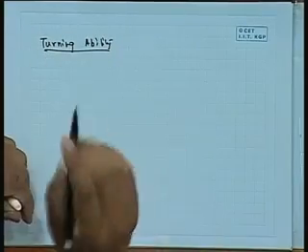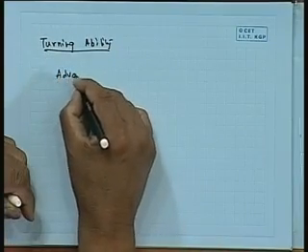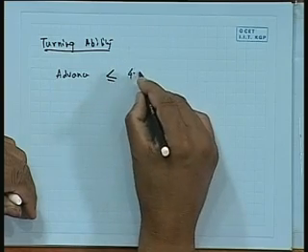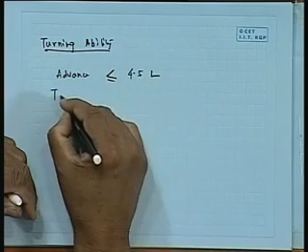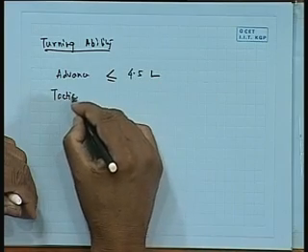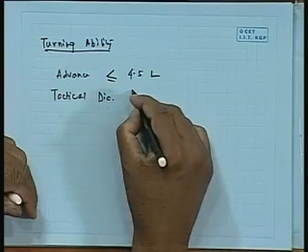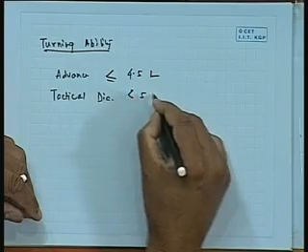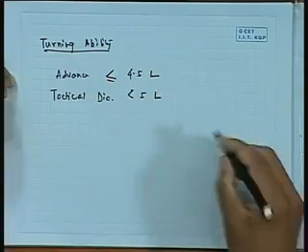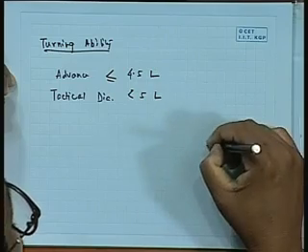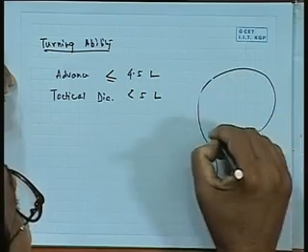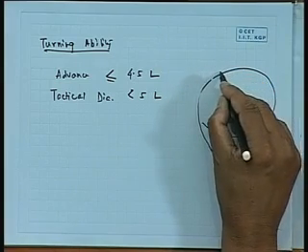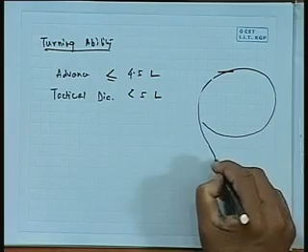Now here I will just write this: advance should be less than or equal to 4.5 ship length, and tactical diameter should be less than 5 L. Now, if you see advance and tactical diameter, if you go this way, I just write this diagram here, where the advance has been defined to be where the heading has changed 90 degrees from where you started turning.